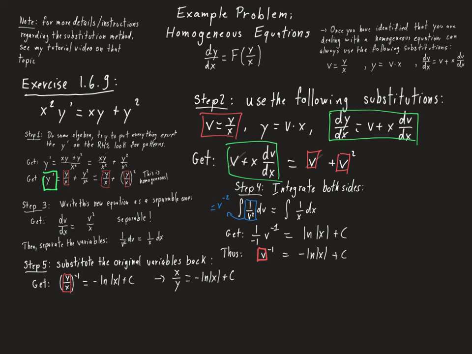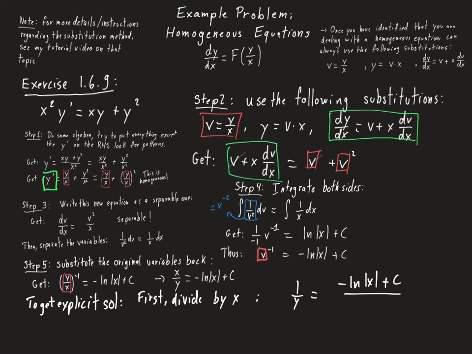So at this point, to get an explicit solution, first divide on both sides by x, and doing so will give us 1 over y is equal to negative natural log of x plus c divided by x.